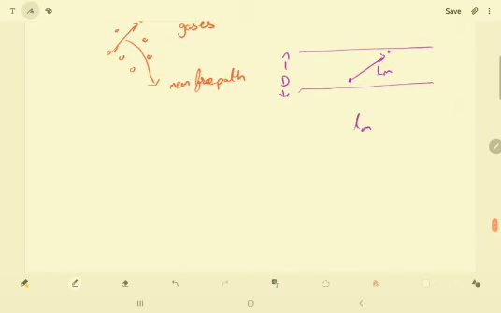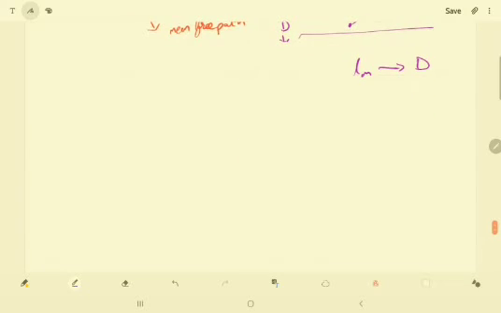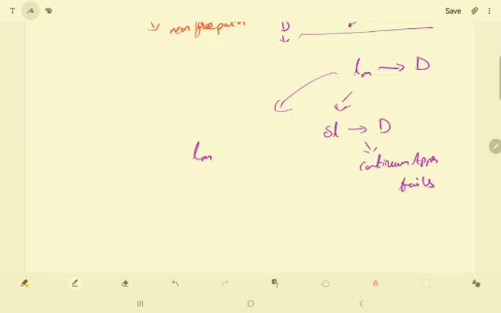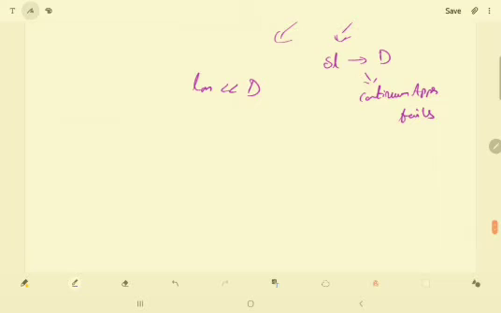If this Lm tends to d, then, as we have seen before, it is the same as delta L tending to d. In this case the continuum approximation fails. So Lm, the mean free path, should be less than the diameter of the pipe in which it is flowing.